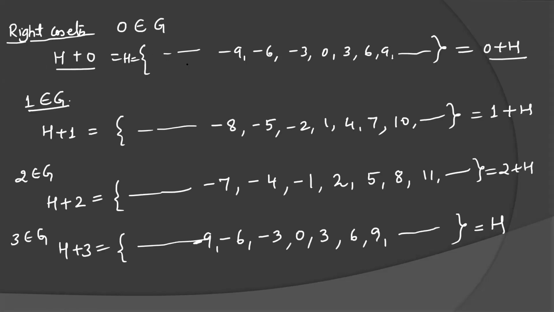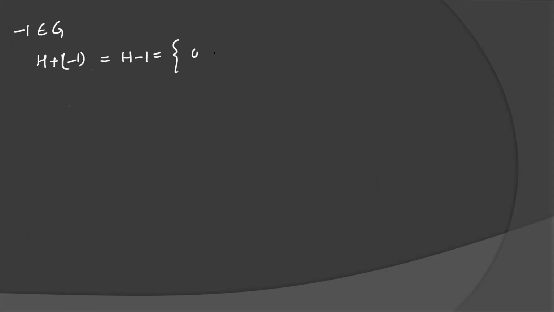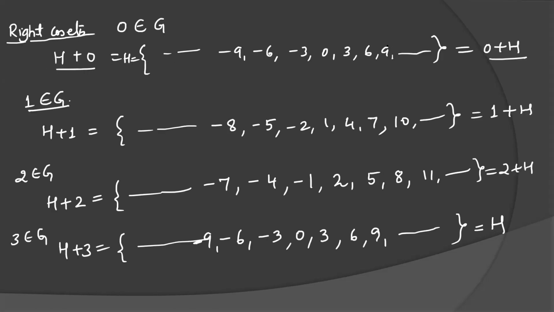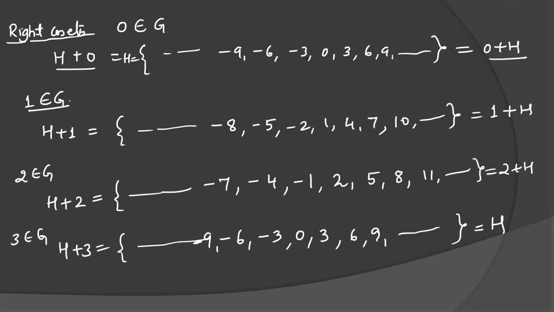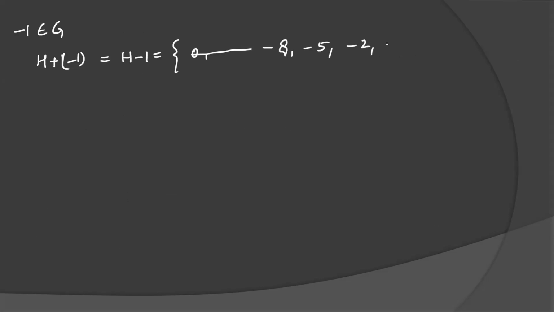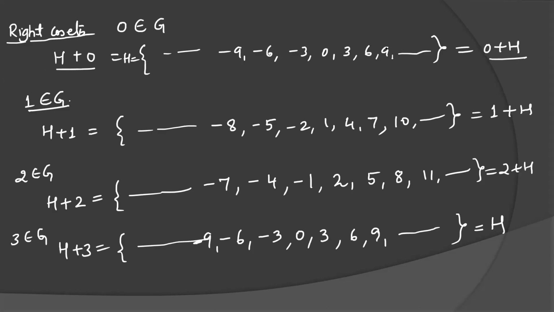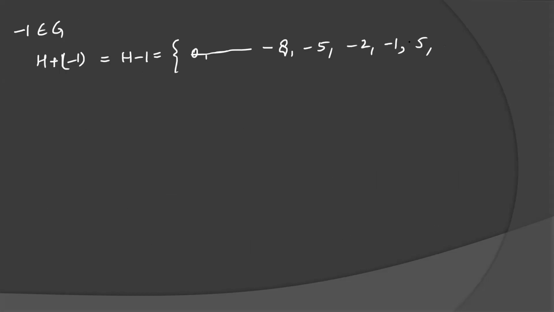If you subtract -1, you will get 0, -8, subtract -5, -2, -1, subtract -1, then you will get -1, 5, 2, 5, 2, 5, 8, and so on.